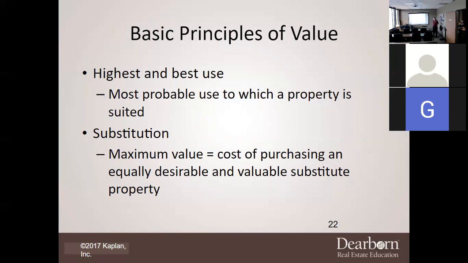He said the best thing for you to do is tear this house down and put a parking garage there. You make a lot more money on it than you would renting it out for $2,000 a month. Do you see how that works? So highest and best is the most probable use to which a property is suited.